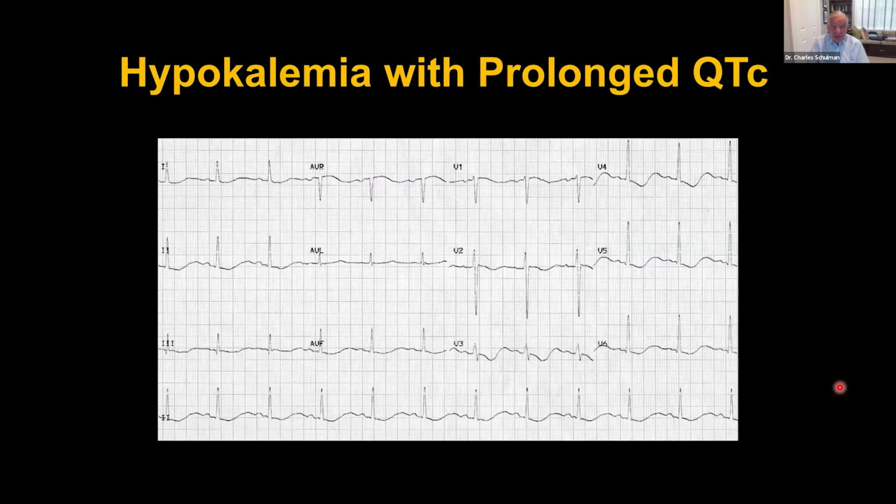And this is hypokalemia with a prolonged QT, and the QT goes all the way over to here. Hard to tell exactly where it ends, probably over here somewhere. So this would represent a risk for torsade if the QT is that long.